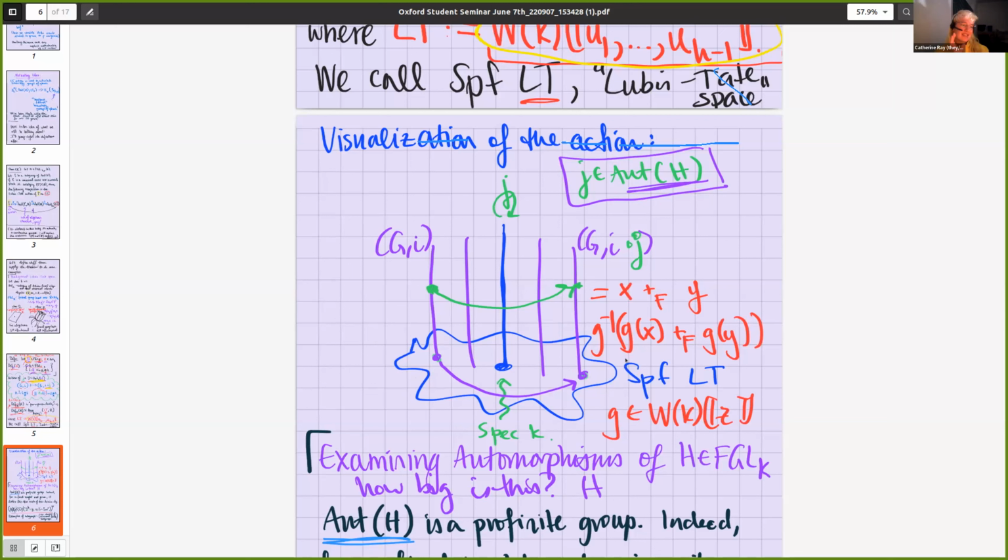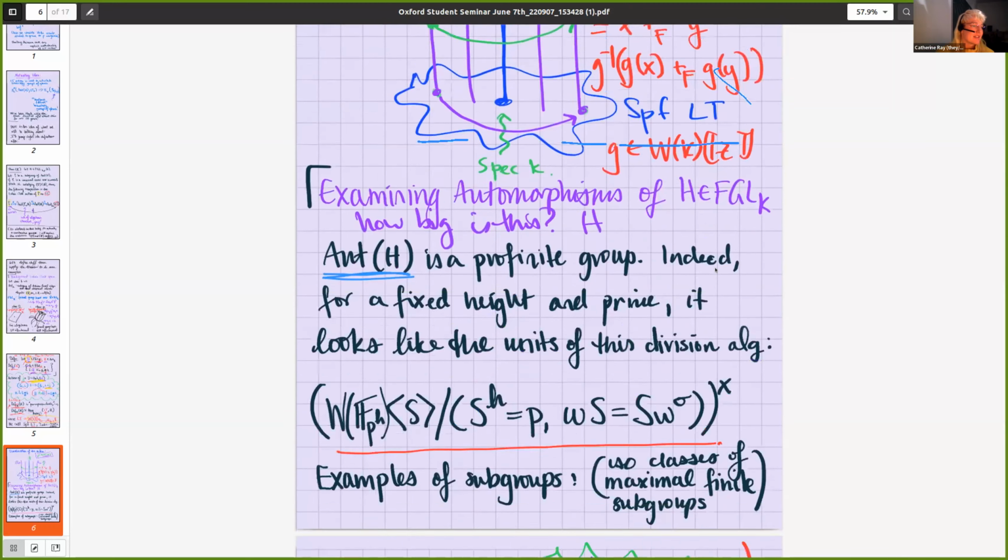And this action fixes just the identity, which is not deforming anything at all, and it moves everything else around freely.